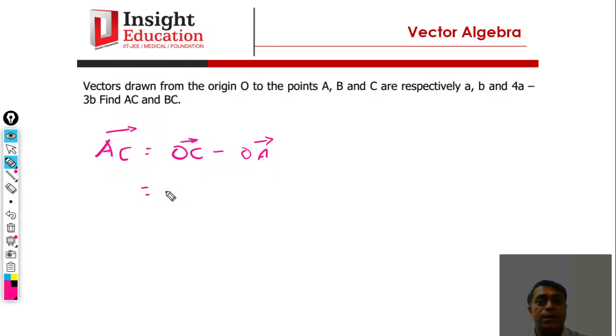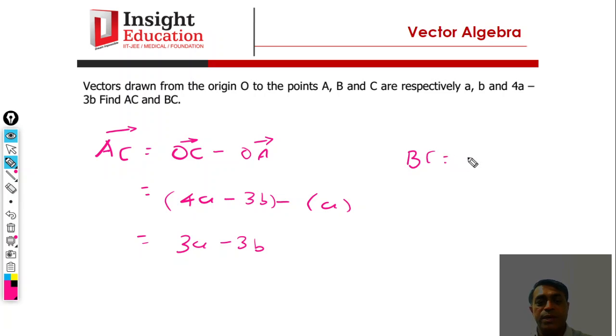OC is given, that is 4a minus 3b, minus OA. OA is again a. So I can write 3a minus 3b.